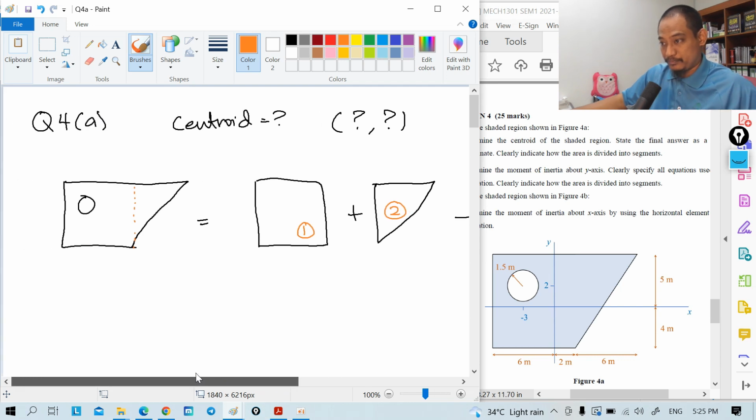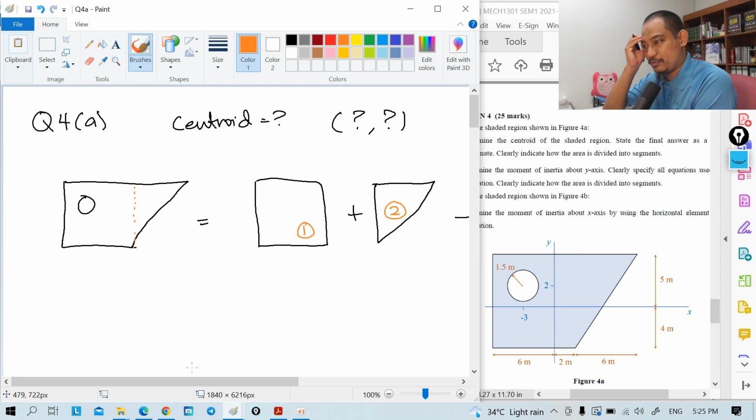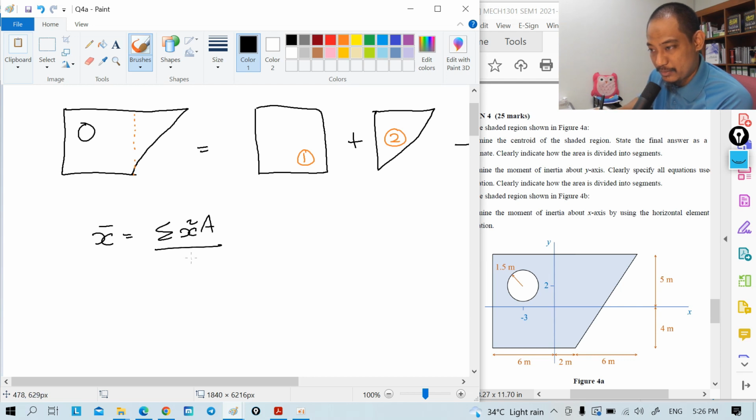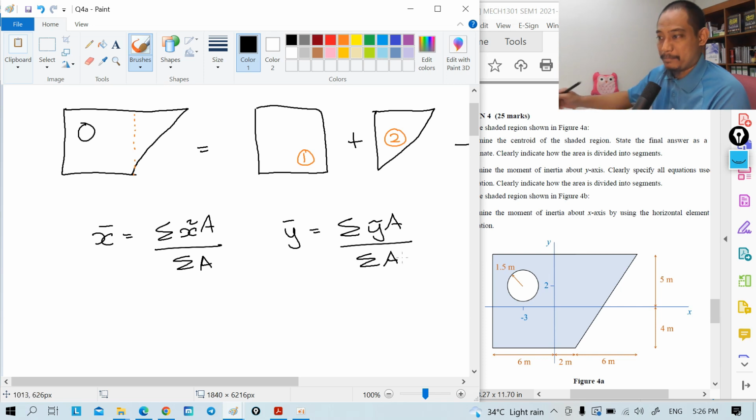Okay. So one important thing for you to do is, because normally we will solve this in terms of a table, and that is based on the equation, right? We want to find the centroid, meaning we want to find x bar and y bar. So x bar equals the summation of x with a, divided by the summation of a, while y bar equals the summation of y with a, divided by the summation of a, right?